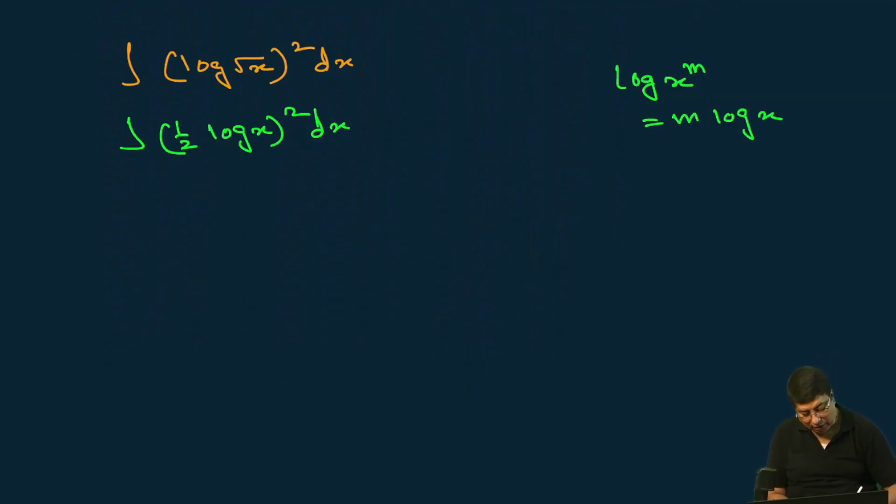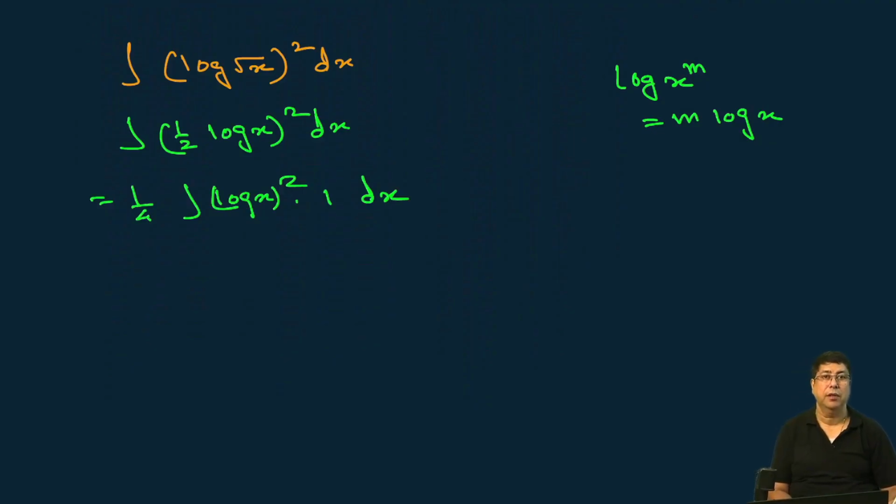Now I can do like this, 1/4 log x whole square, same thing, we have to multiply with the 1, and in LIATE, log is considered to be the first function, and 1 means algebraic function which is considered to be the second function.